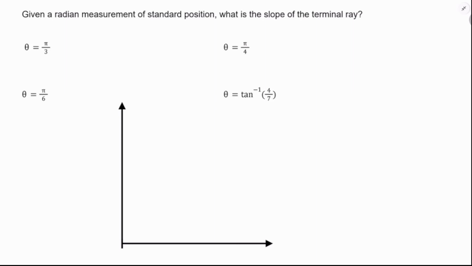Pi over 3 is a 60-degree reference angle. So what I'm going to do here is draw myself a reference triangle. That's my idea of 60. Get myself a third side. So this is theta equals pi over 3.